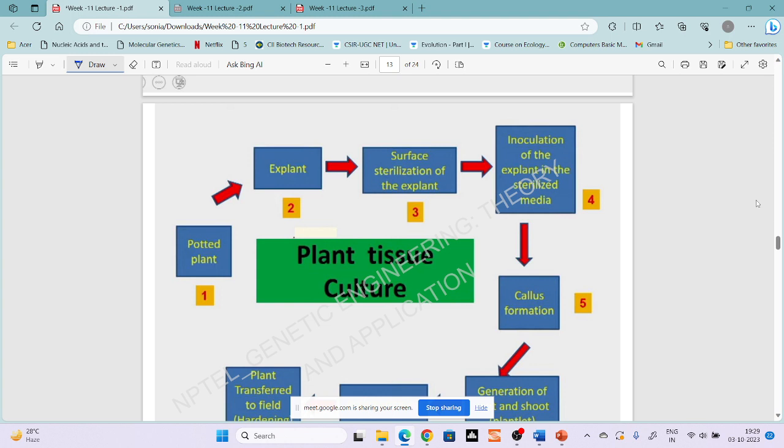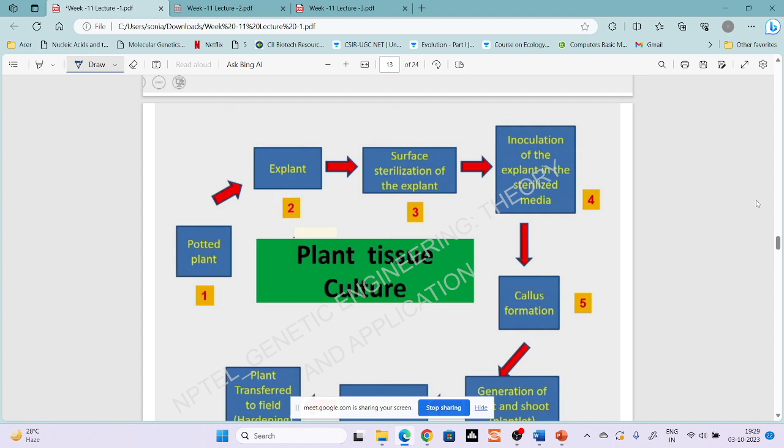Whether it's plant tissue culture or animal tissue culture, it is very important to have a sterile environment and a sterile explant. If you have contamination, even if you are getting positive results, you cannot say whether it is because of your growth or because of the growth of some other contaminants, let's say some microorganisms. Contamination can give you false positive results many times.